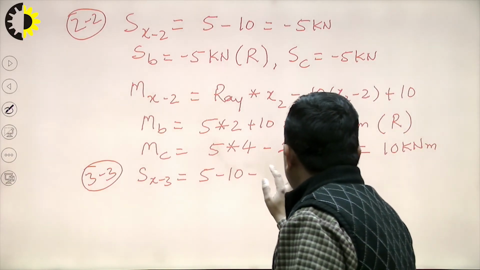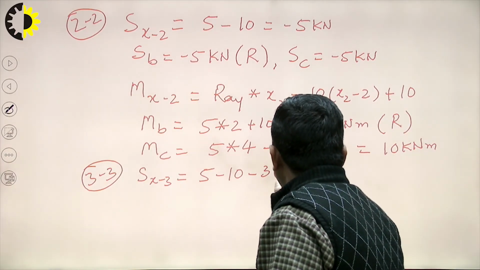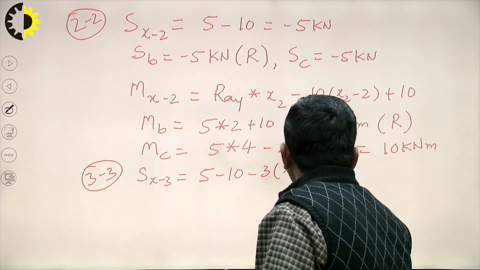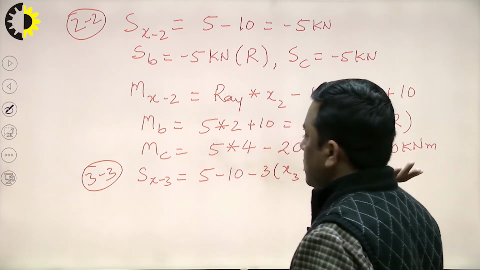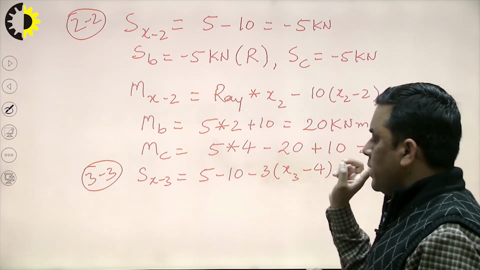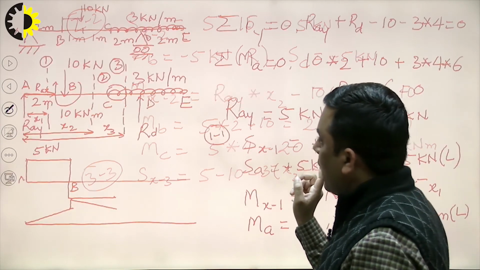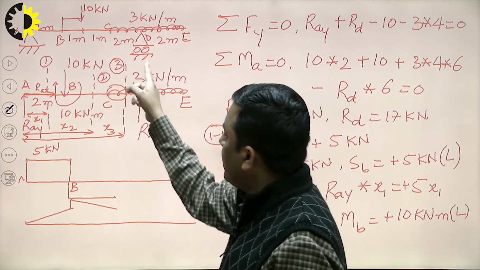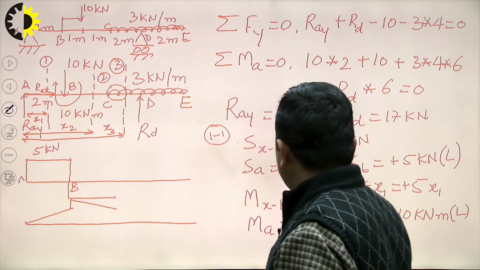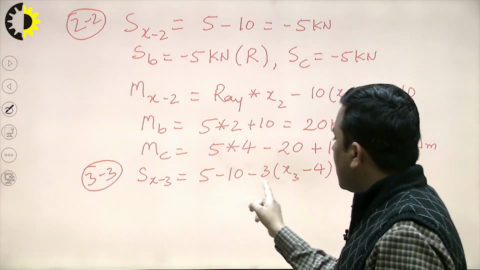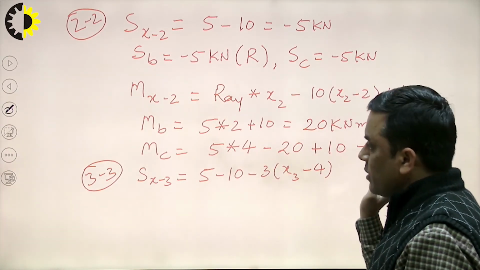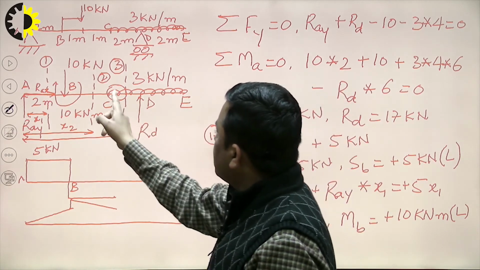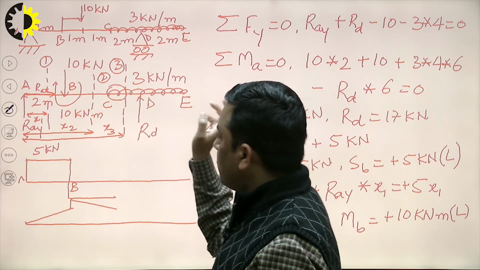So I can write -3 into x3 minus 4. What can we observe now? As we enter the UDL region, the shear force equation becomes an inclined line. And this equation is valid from where? From C to just left of D.